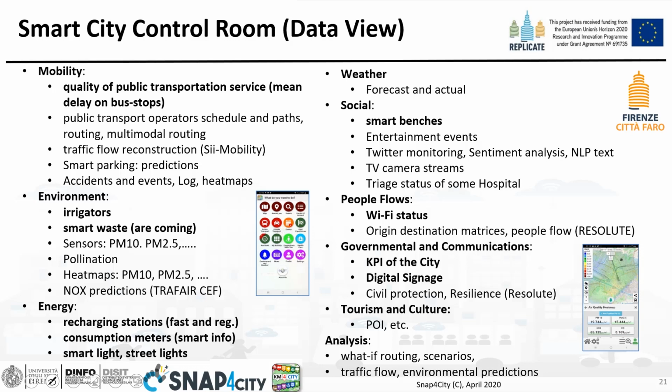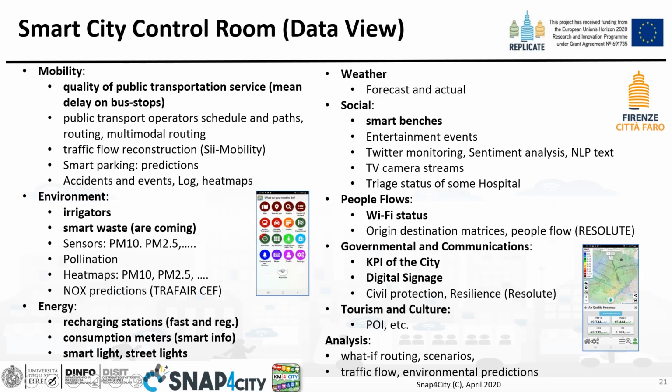Environmental data come from irrigator status, smart waste, and environmental sensors of several different kinds: PM10, PM2.5, NO, NO2, CO2, and so on, pollination. We compute heat maps from those pollutants.